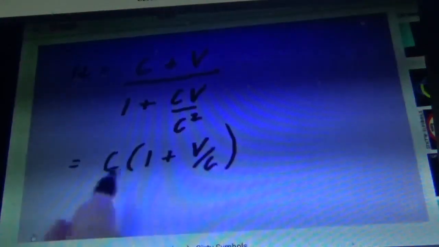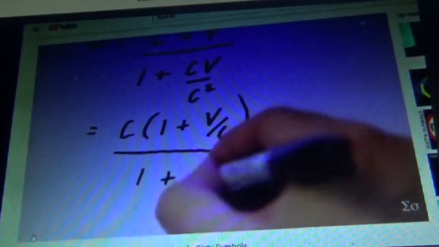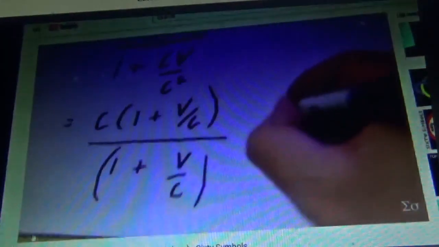So if I multiply this out, I just know there's c plus cv over c, which is just v, so c plus v, divided by, and then all I'm going to do here is cancel the c over c squared, so I end up with 1 plus v over c, which you'll notice is just the same as the term there. So this is the same as that, which just basically means that this whole thing is just equal to the speed of light still. Okay, so rearrange, and then that turns out to be c.